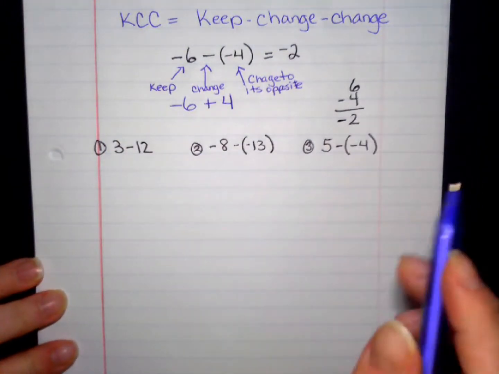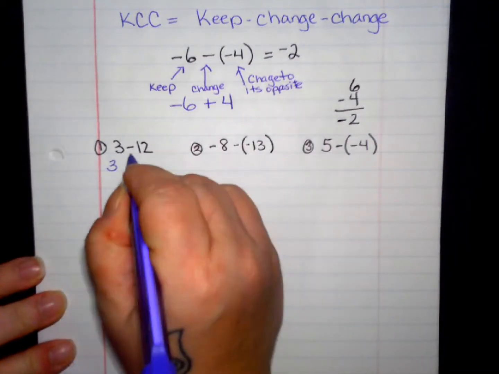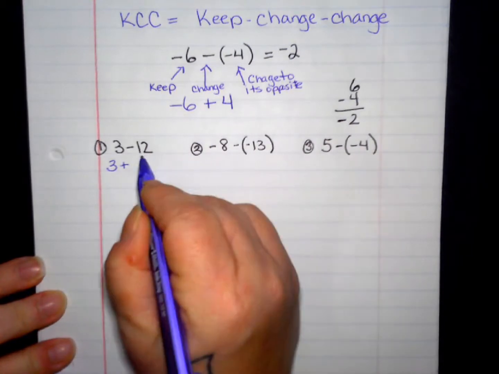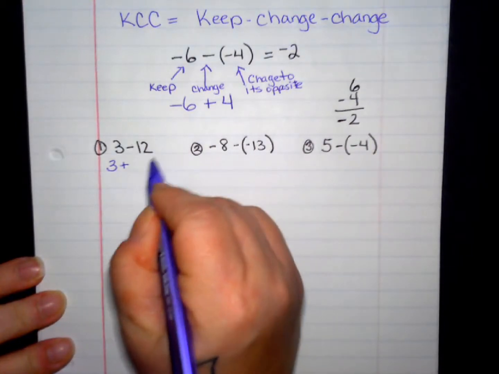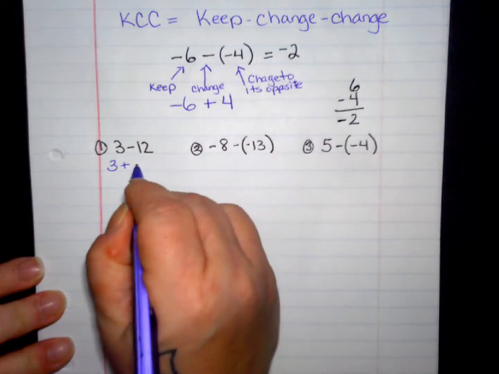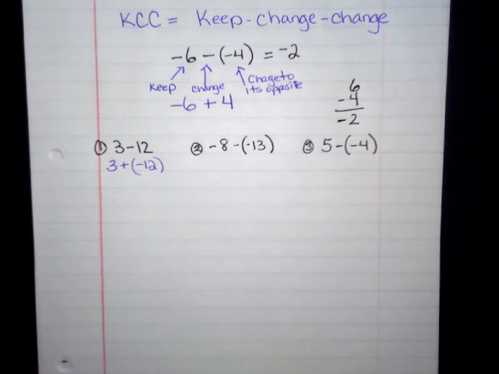Okay, ready? Keep the 3, change the subtraction to addition, and change the +12, remember that's a +12, to a -12. Now we follow the rules.